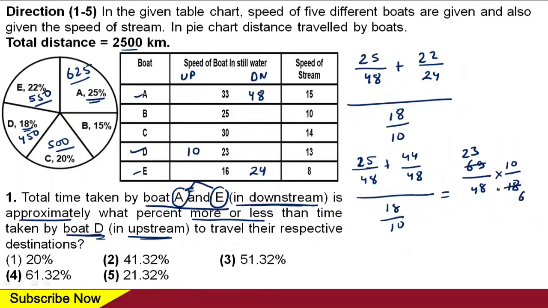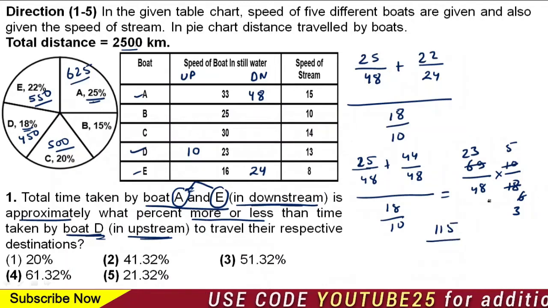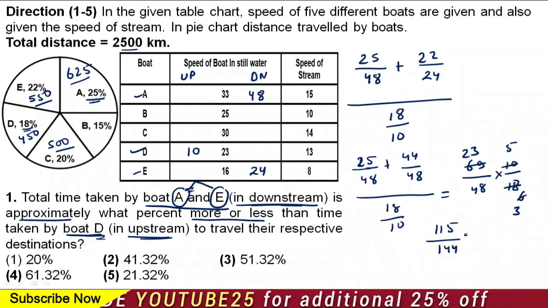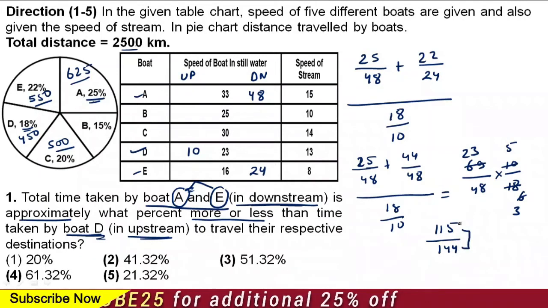So what do we have? We can again do it 3 times over here and 5 times over here. So what do we have? 23 into 5 is how much? 115 upon 48 into 3 is 144. So all we need to do is check the difference between 115 and 144, how much is it? I believe it's 29.